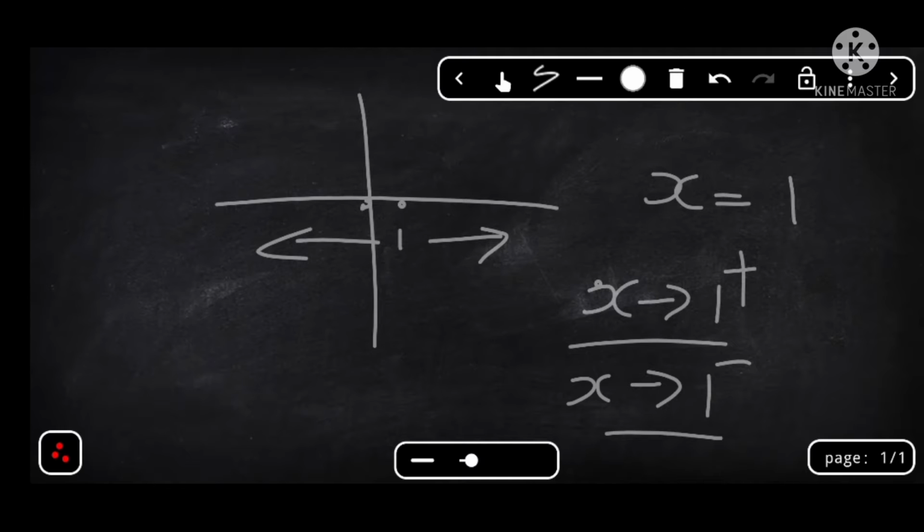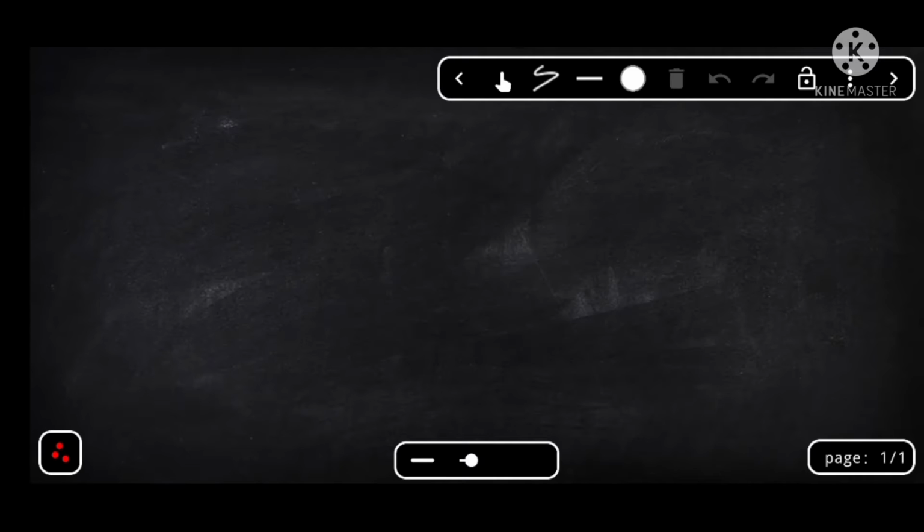If we are getting the same values for both, then we can say that the function is continuous. If both are different, then it is not continuous. So let's see it.